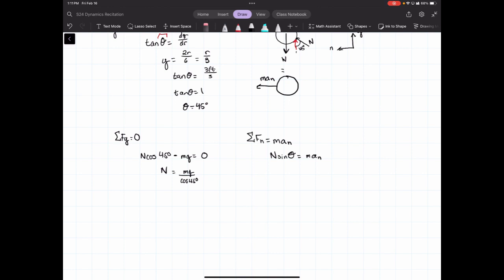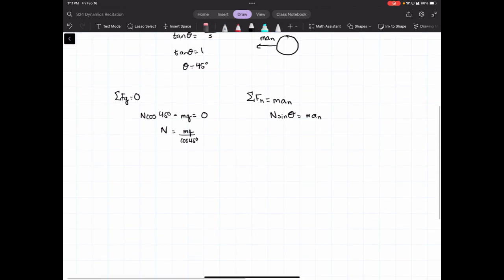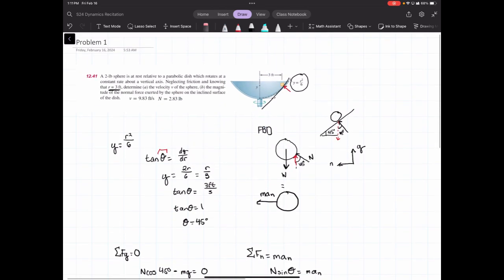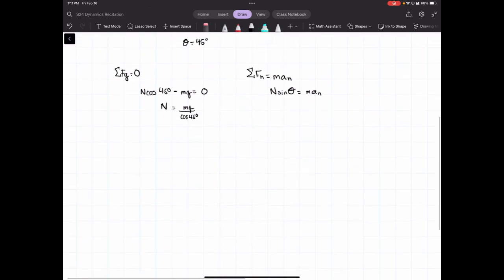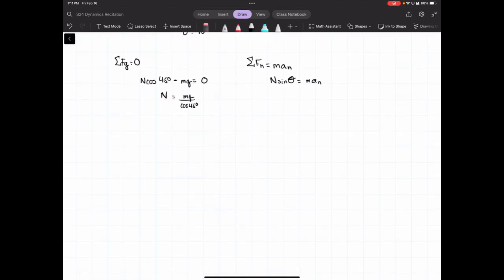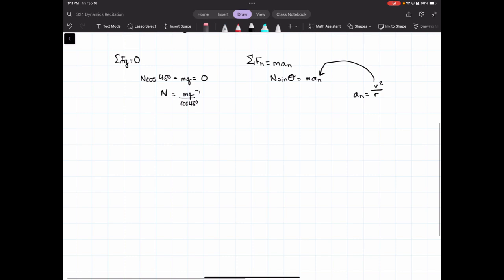Okay, so then we can go ahead and start to solve for our components. We need to know our velocity. Yeah, it says determine the velocity of the sphere. So because we're talking about circular motion, the acceleration is going to be v squared over r. So we're going to plug that in for our a_n, and we're going to substitute in this for the n there.